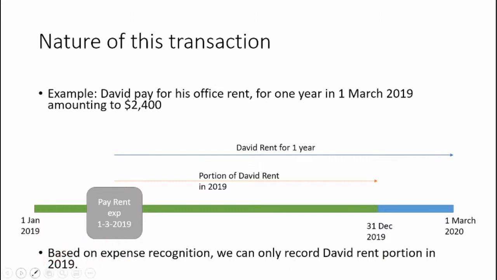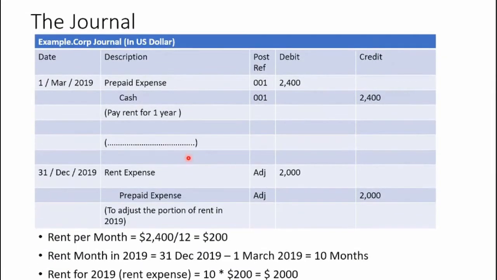So if we record it in the journal on March the 1st, 2019, David will record prepaid expense increase in debit amounting to $24,000 and decrease his cash in credit with the same amount.